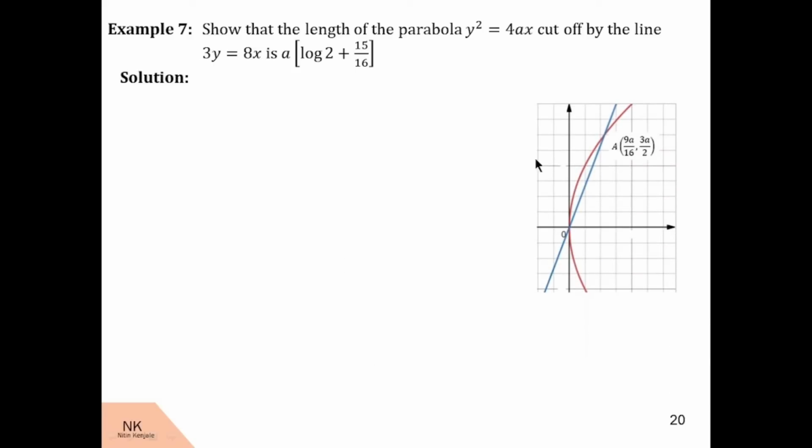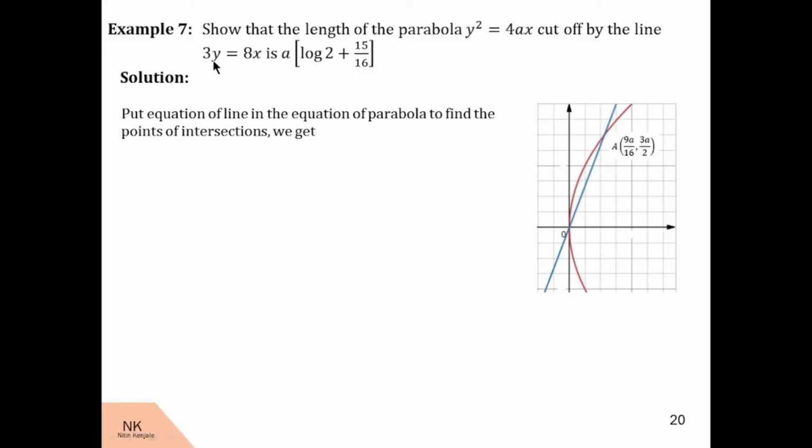This is the figure of parabola y square is equal to 4ax, and this blue line represents line 3y is equal to 8x. Now let me show you this point of intersection is 9a by 16 comma 3a by 2. For that we will substitute this equation of a line into this parabola.